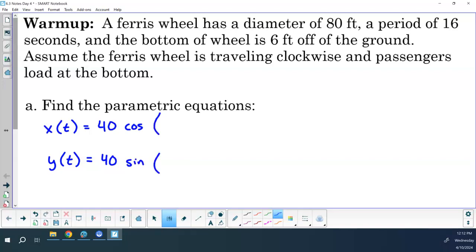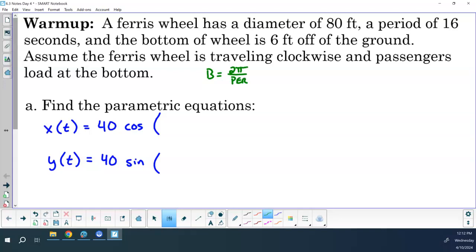Okay. Then I need to have a b value. How do I figure out my b value? B is equal to 2 pi divided by the period, correct?